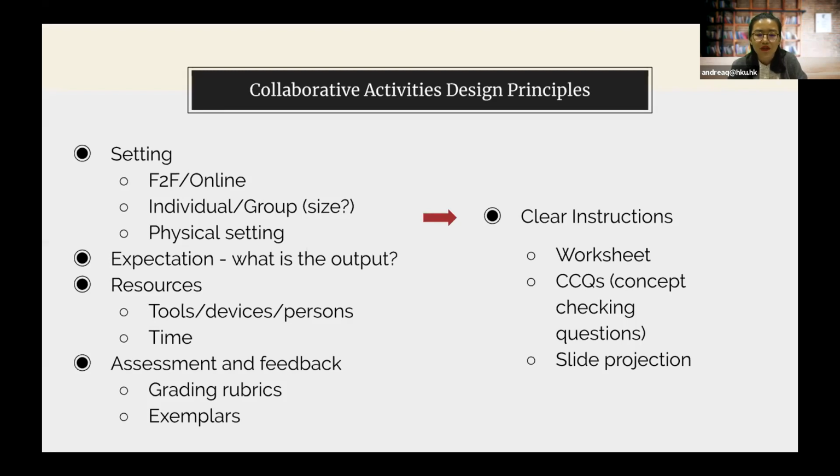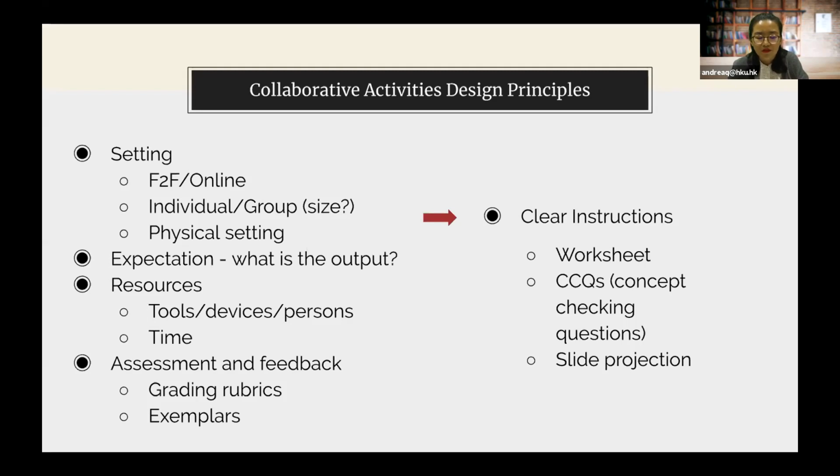Which means if we're designing a collaborative activity, we want to consider the setting, the expectation, and the resources, and these are not just resources to provide content knowledge, but also resources to help them collaborate. When they encounter any difficulty, when they are in a conflict, can they go to the teacher and say, we are having trouble discussing, can you help us out?